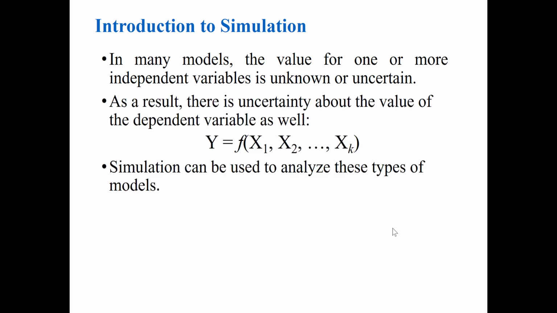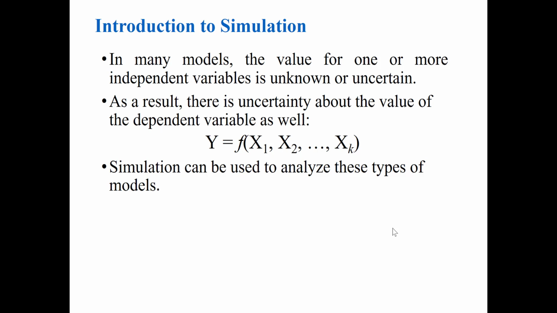So in many models we have the case that the value for one or more independent variables is not known. Basically we are not certain about the value. So if we don't have a certain value for the input parameter, therefore the dependent variables are also going to be uncertain.